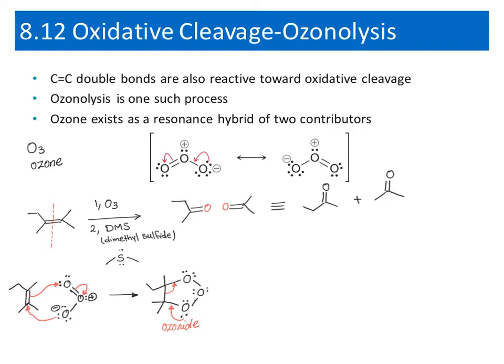Now again, oxygen would get more than an octet, so the single bond between two oxygens will break and move over this oxygen. So we are going to form two products here. The single bond here will break to form a double bond. So we are going to form this structure.